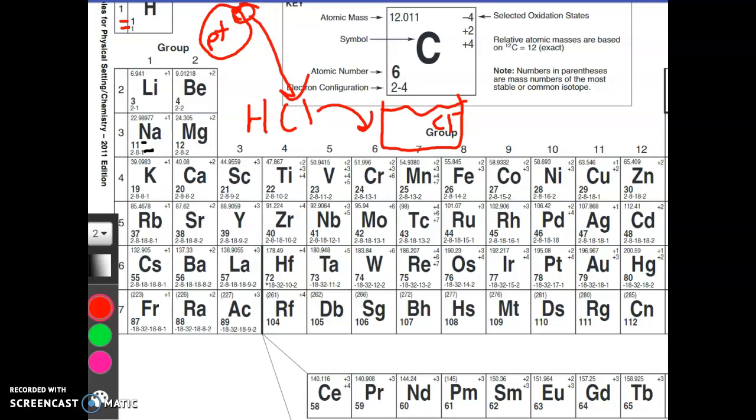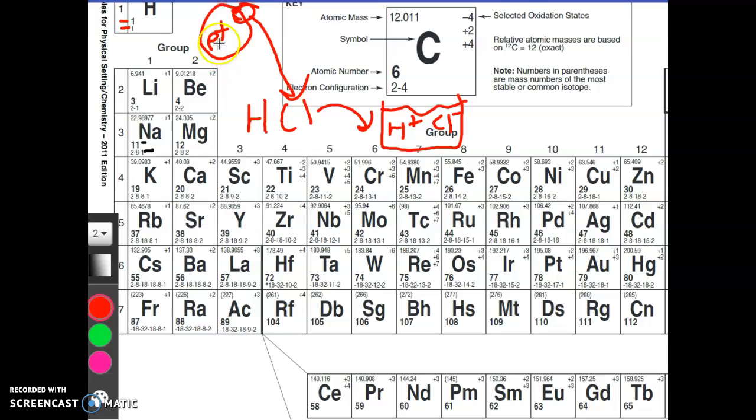So it went from neutral to negative because now it has an extra electron. And hydrogen, because it lost an electron, is going to be positive because it only has one proton in the nucleus and nothing negative around it anymore. So that's why it has the H+.